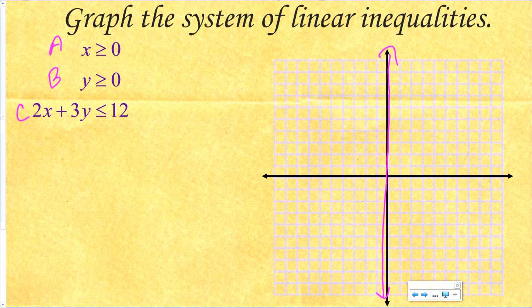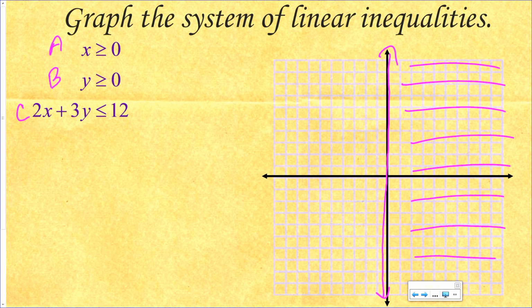And where is x greater than 0 at? Are you sure? I was just asking if you were sure. Yes. Okay. Where's the line y equals 0? It's the x-axis. So this is B, this is A.